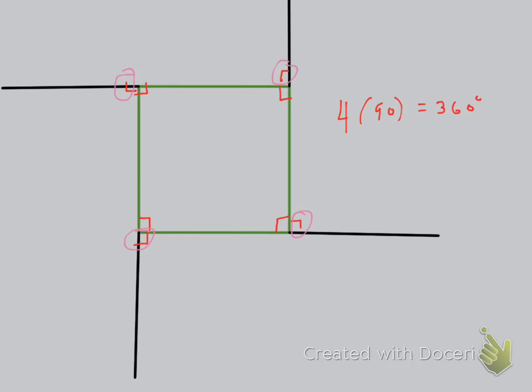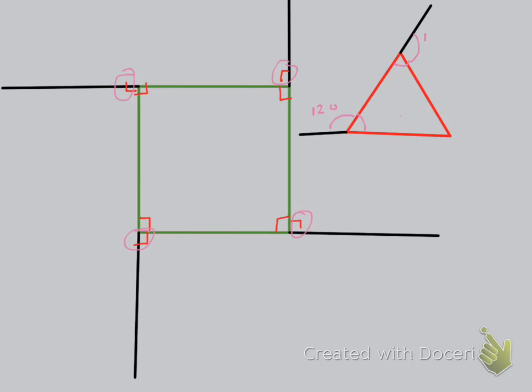If I took a triangle and did the same thing, and I'm not going to go into major detail with this because I'm not going to be able to draw a perfect triangle, but if I had a triangle and I did the same thing, all parts are congruent. I know that this is 60, right? And if that's 60, that means this is 120. And over here, again, because we have an equilateral triangle where they're all congruent, that's 60.